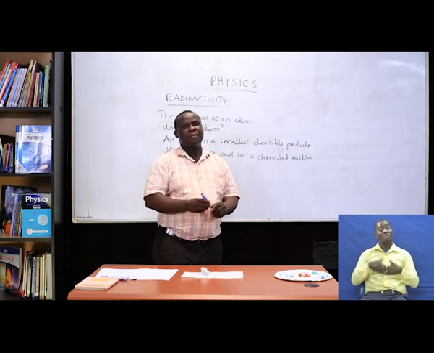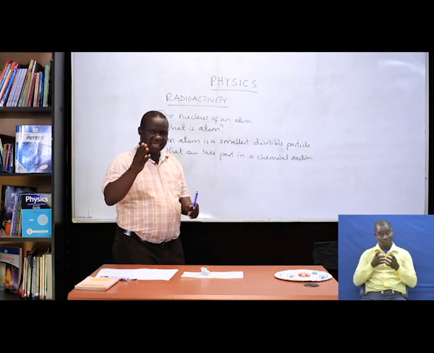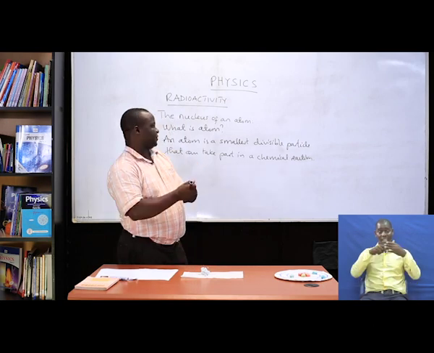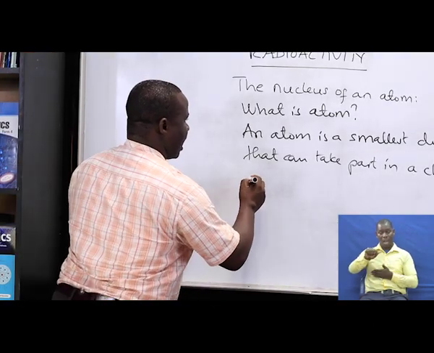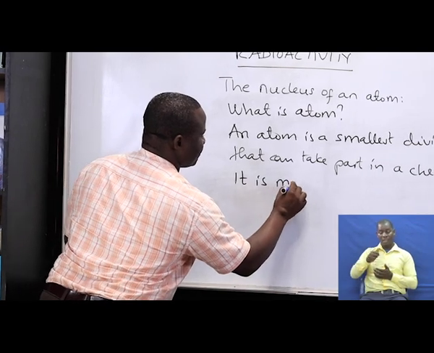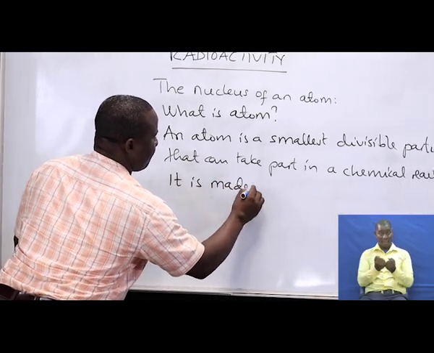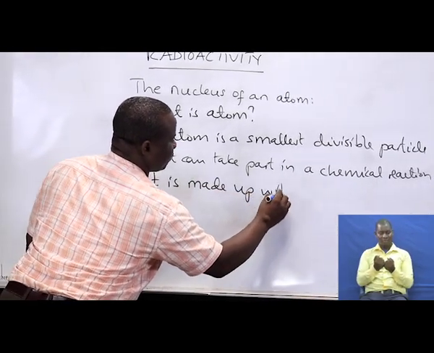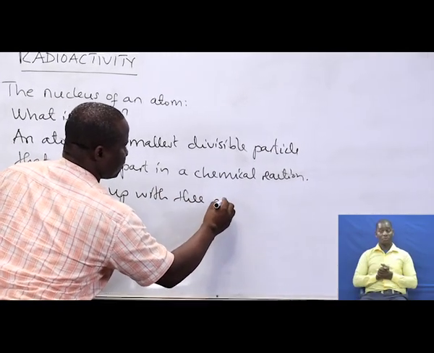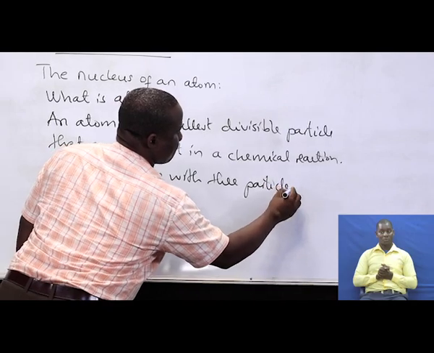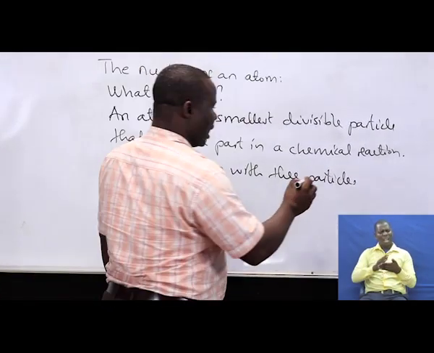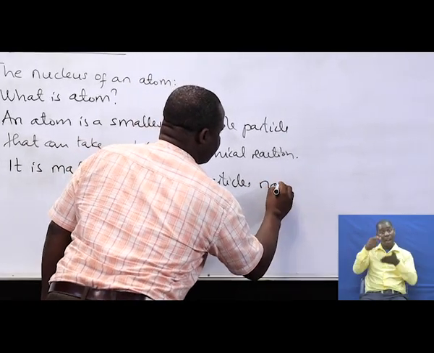Now, this atom is made up of three subatomic particles. We say that an atom is made up of three particles, or sometimes we say the subatomic particles, namely as follows.